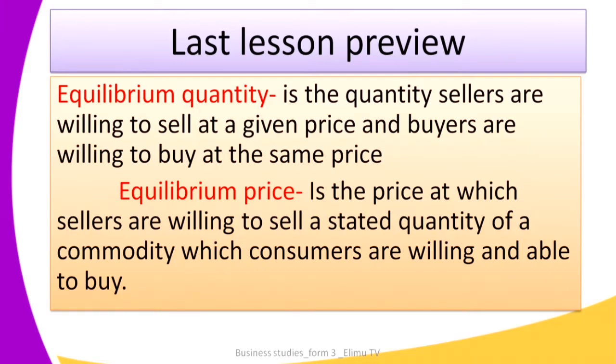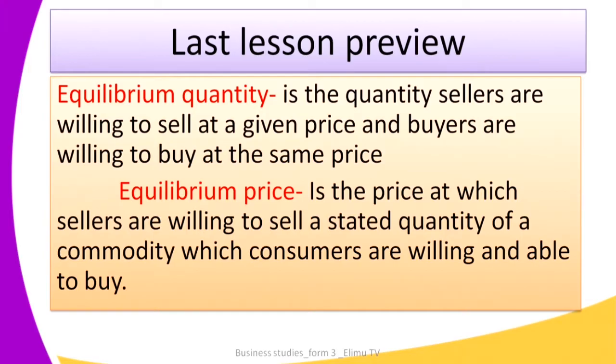Equilibrium quantity is the quantity that sellers are willing to sell at a given price and the buyers are willing to buy at the same price. The buyers must accept that price.